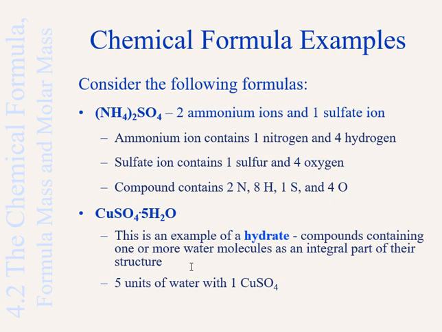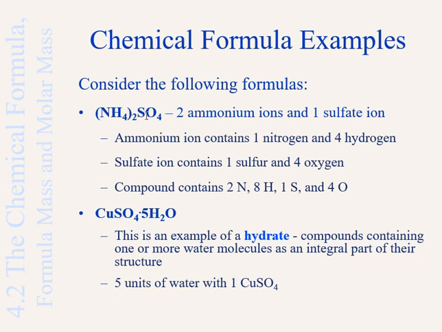So what about the molar masses of the chemical formulas and formula units? How do we find that out? Well, it's also not very difficult. What you do is look at the total number of each kind of atom, and on the periodic table find out the mass of each atom, the atomic mass or the molar mass, multiply by the total number of each atom, and add all of them up.